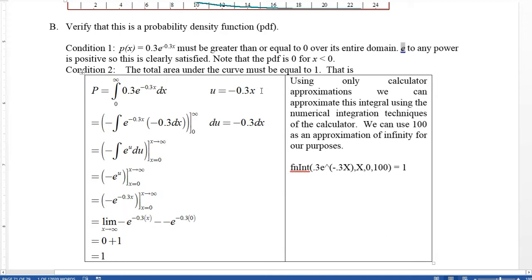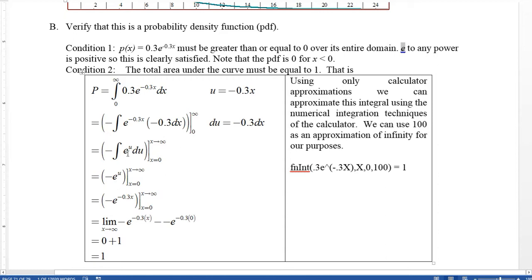We let u be negative 0.3x, du is negative 0.3 dx, and this becomes, put a negative in with the 0.3 and the dx, that becomes du. This is e to the u. To balance this negative 1 that we put right here as part of the du, we put a negative out front. So we have the negative integral of e to the u du, and eventually we're going to evaluate from x equals 0 to x approaching infinity.